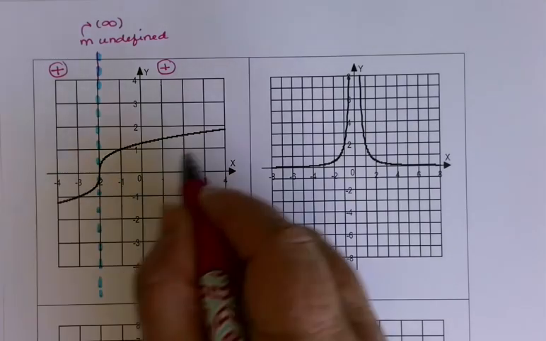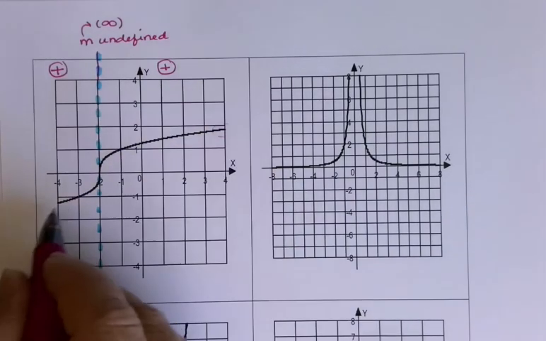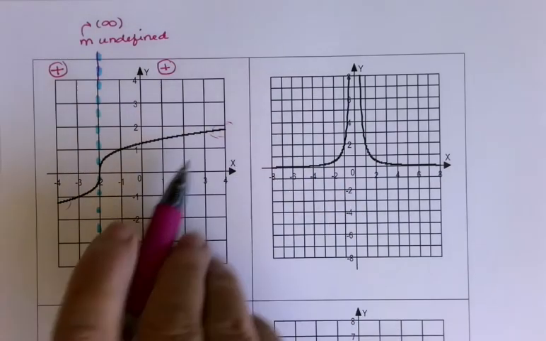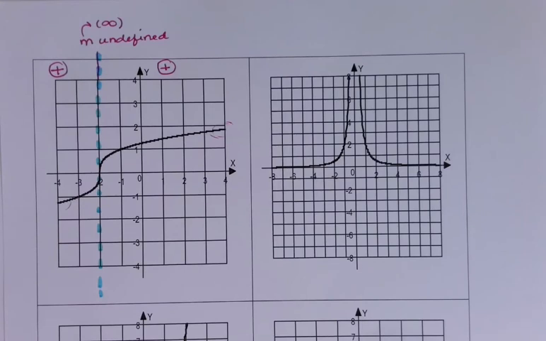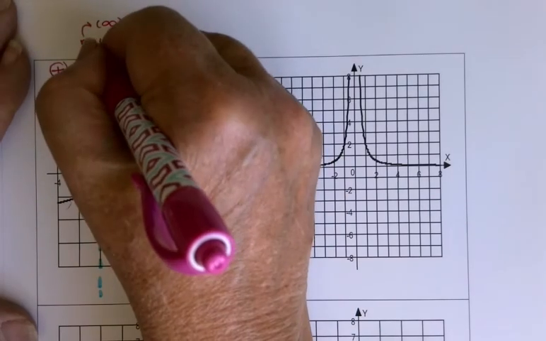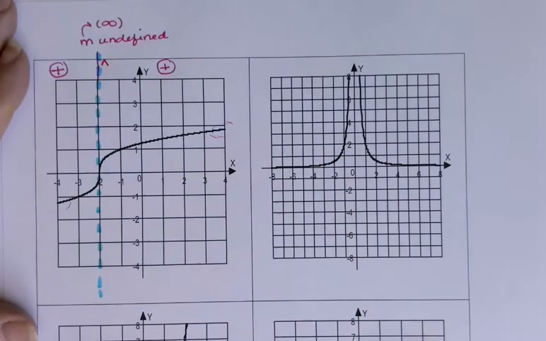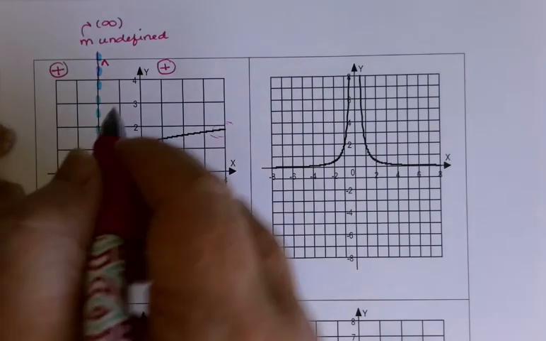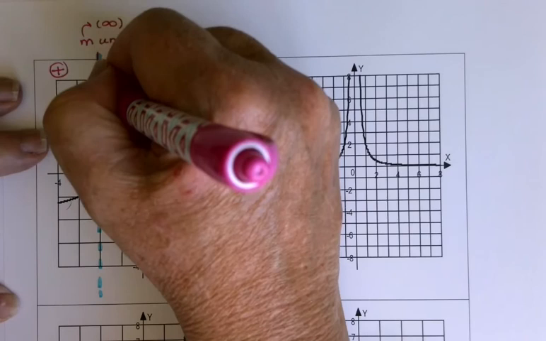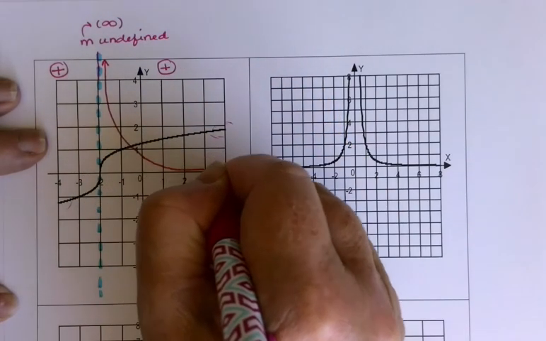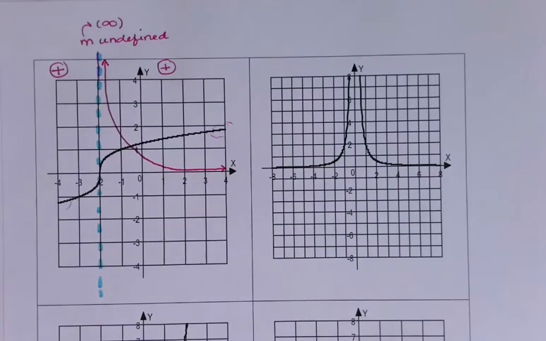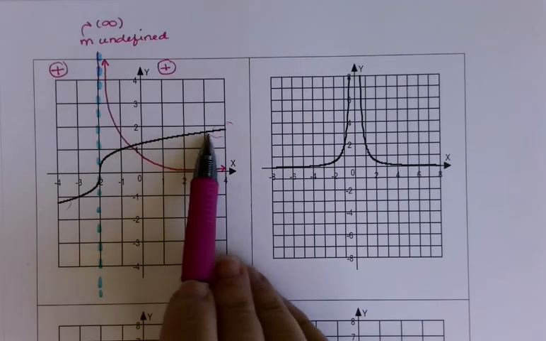These slopes out at the ends here are small, right? This is getting flatter and flatter, closer to 0, but not equal to 0. So I'm going to show my derivative function being close to positive infinity near that vertical asymptote, and then getting smaller and smaller. And it's actually going to approach a horizontal asymptote of 0 as these slopes get very, very small, right?